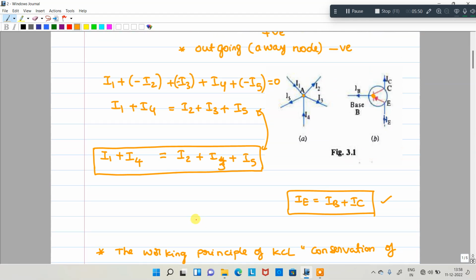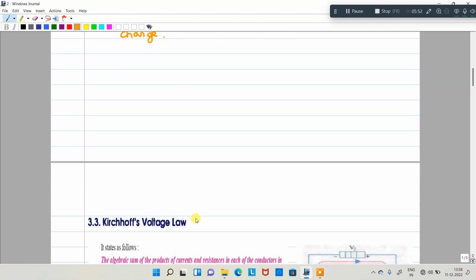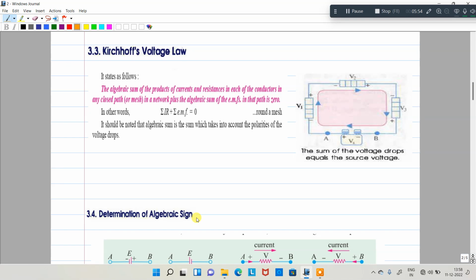Next we are moving to Kirchhoff's voltage law, also called KVL. First look at the statement clearly.